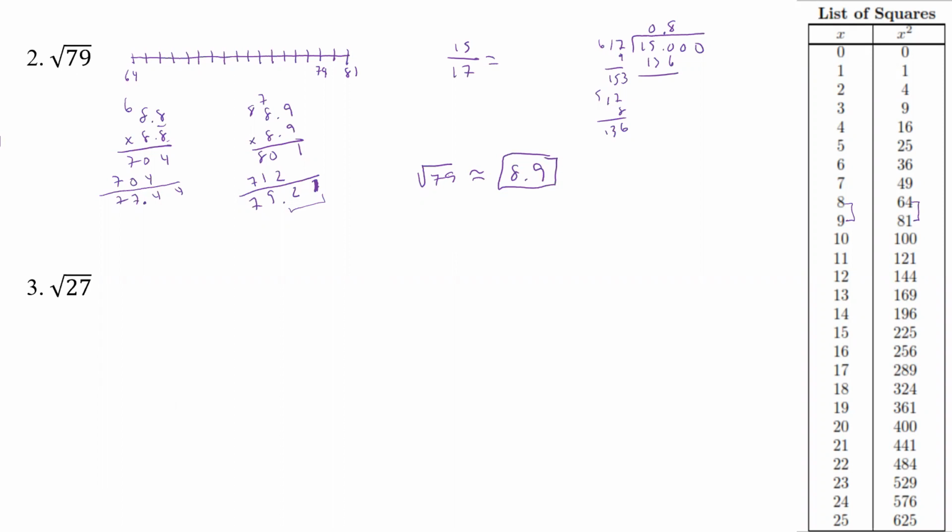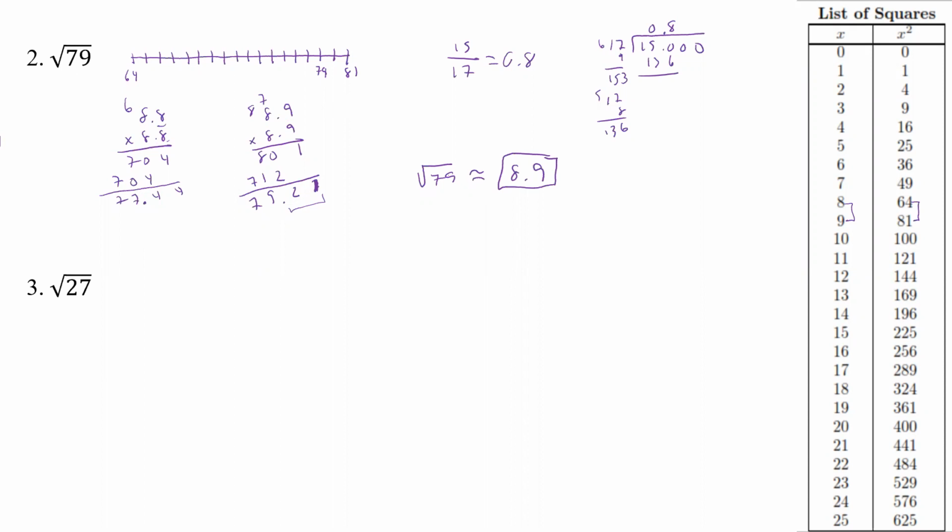Okay. And again, what we do is we draw our number line, figure out the fraction. In this case, 0.8 was the best one that actually divided and left us with a number. And then after that, we just had to figure out, well, what's 8.8 times 8.8? Well, that was a number too small. 8.9 times 8.9, it was a little big, but it was closer to 79 than the other one. And so 8.9 then was going to be our answer.